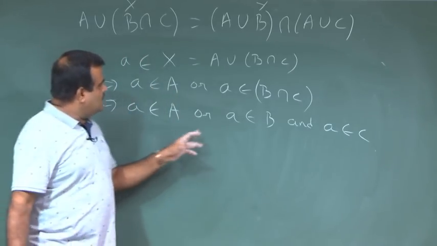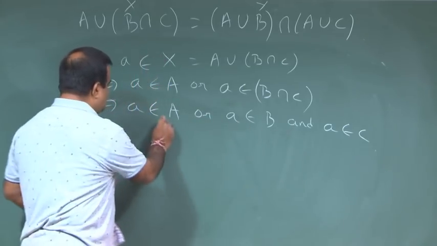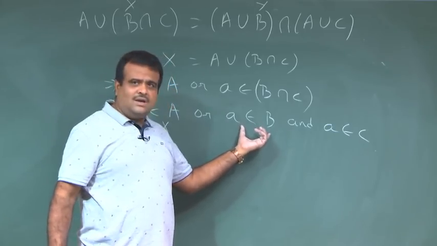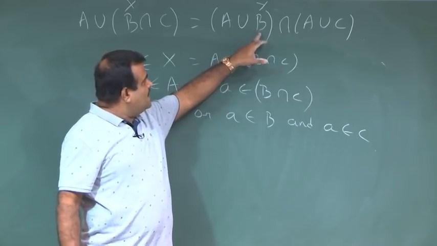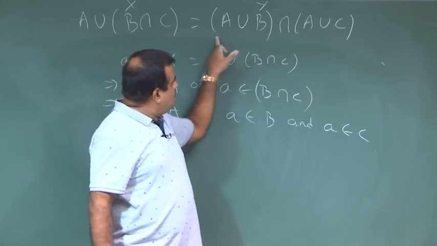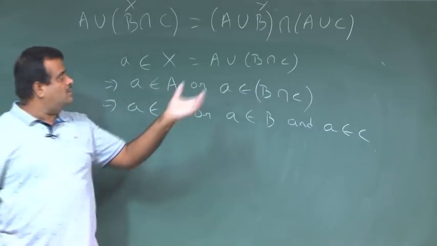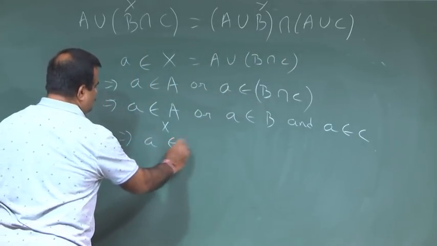Second case, suppose this is not happening, these two are happening. a belongs to B, and a belongs to C. In that case, a belongs to this one and a belongs to this one. So, in both the cases, a belongs to the intersection of these two. So, this implies a belongs to y.